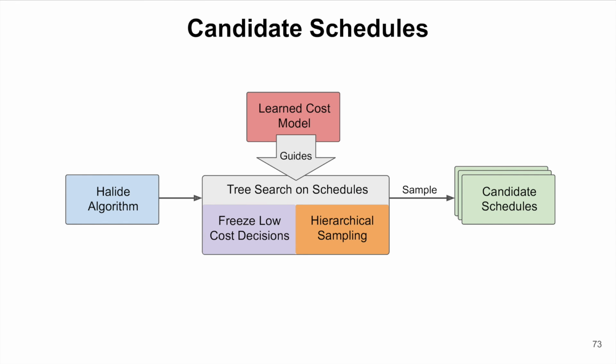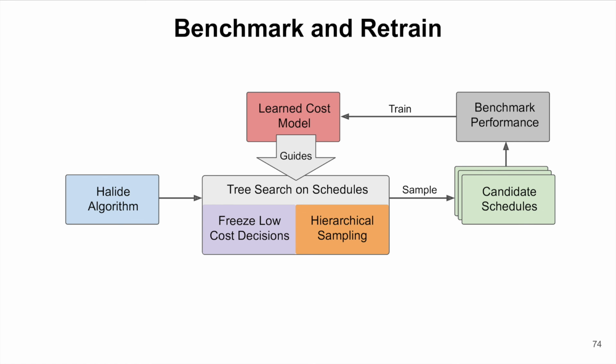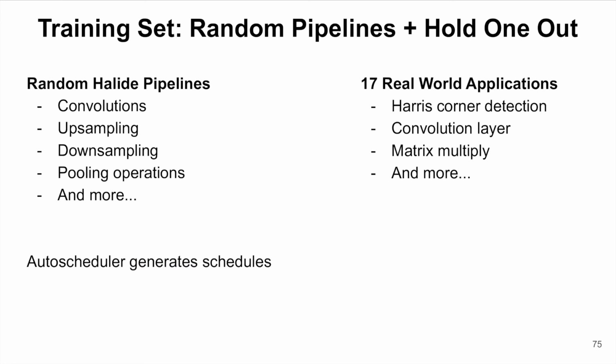Using these components, it's possible to generate schedules for a given algorithm. But if we compile and benchmark these schedules, we can also retrain the cost model to refine its ability to make good predictions. So how do we actually generate training data for this process? We use a combination of random pipelines, which are randomly generated combinations of common image processing components like convolutions, upsamples, and downsamples.